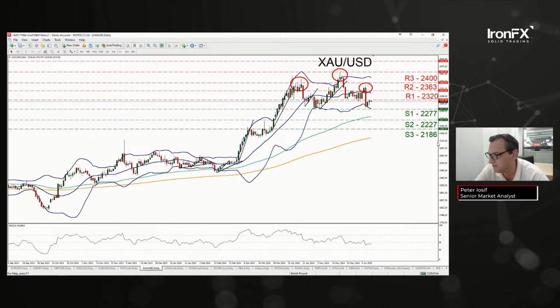So that's a resistance level which tends to be quite solid for the time being. Should we see a strengthening of the USD due to, I would say, a more hawkish Fed, that could weigh on gold's price and may push it below the S1 2277, allowing it to start aiming, if not testing, the 2227.